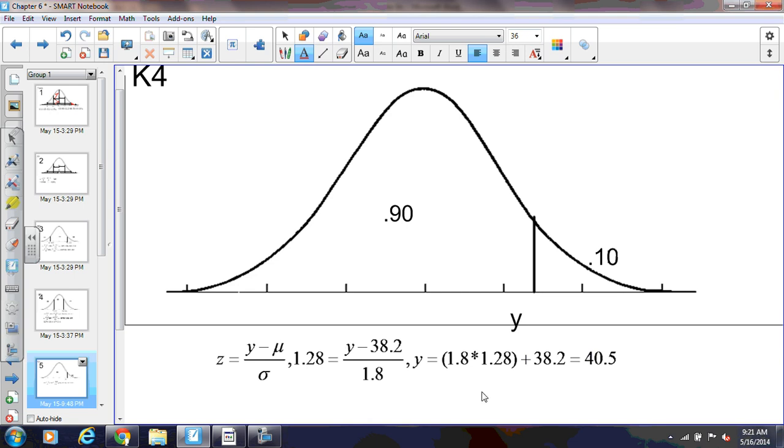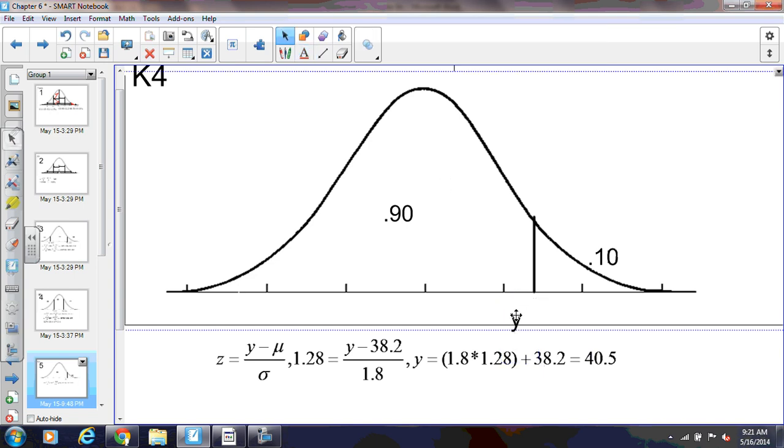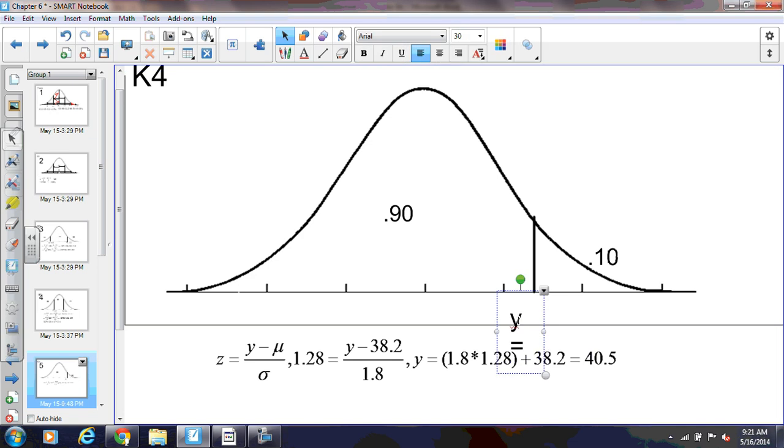We're solving for y. This gives us a value of 40.5. So we would expect that the biggest 10% of kindergartners would be at least 40.5 inches tall.